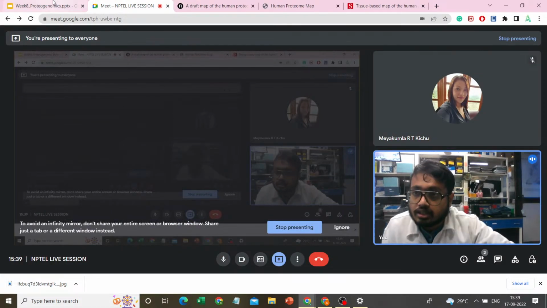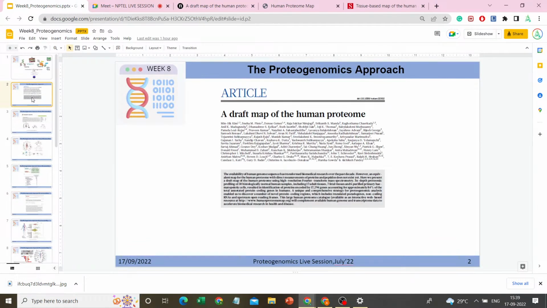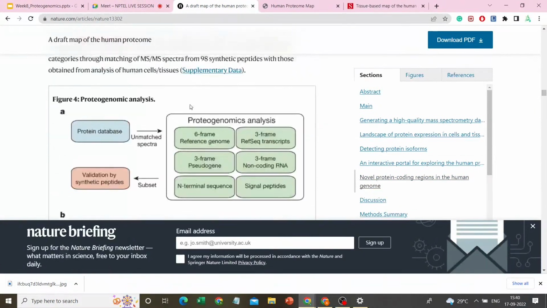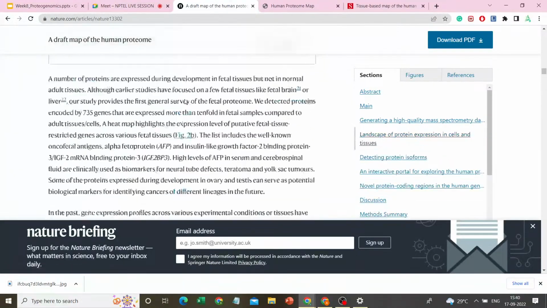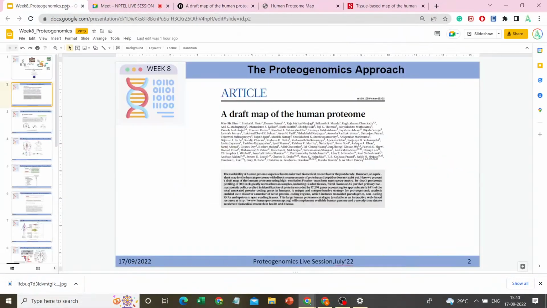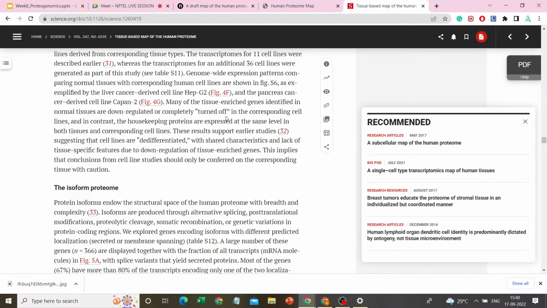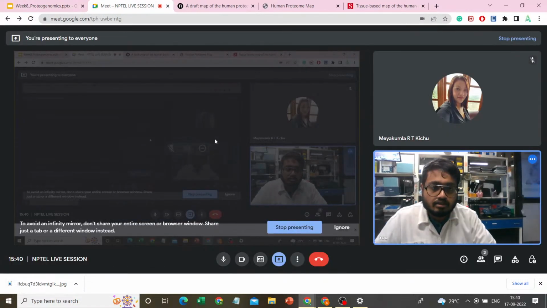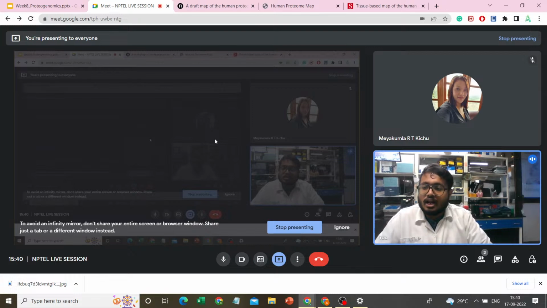The first effort was the draft map of the human proteome, which identified protein expression using mass spectrometry-based approaches. Then the Human Protein Atlas, the tissue-based map of the human proteome, was published. They used two different techniques: one was RNA sequencing, and one was an antibody-based method using tissue microarray expression.